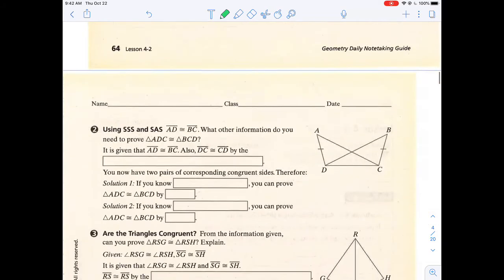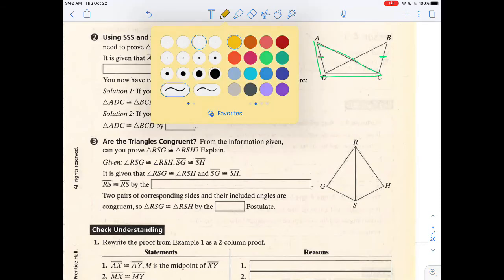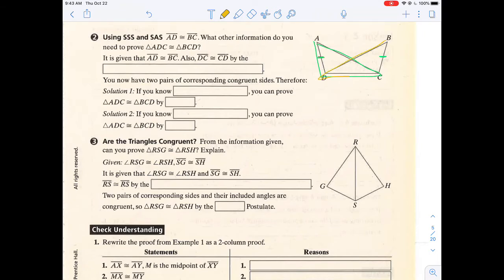And that is how you use it. So let's keep going here. Using side-side-side and side-angle-side. Side AD is congruent to side BC, so they marked it here to show you that. What other information do you need to prove triangle ADC is congruent to triangle BDC? So ADC, and then we're also looking at triangle BDC.